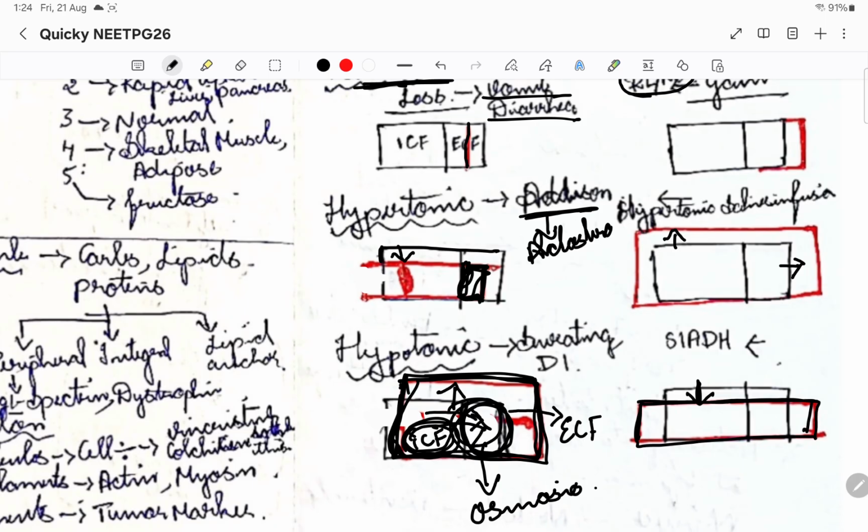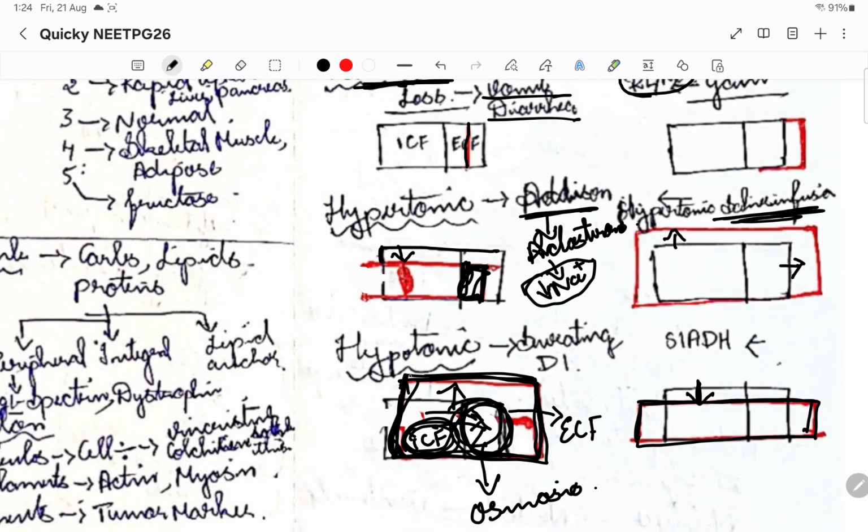I'll discuss all these things in endocrinology. In Addison's, there is no aldosterone, so sodium is getting leaked out, and that is why hypertonic solution is being lost. Hypertonic loss is happening. Whereas saline infusion is the hypertonic gain that is happening, right? So saline infusion is hypertonic gain.